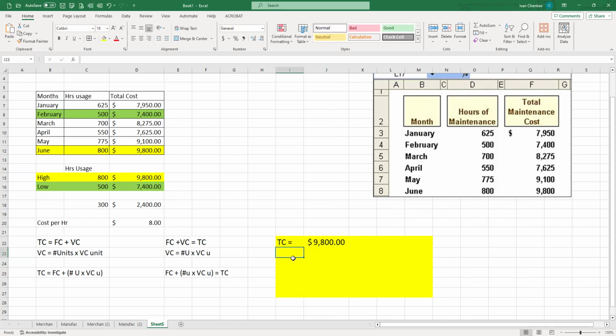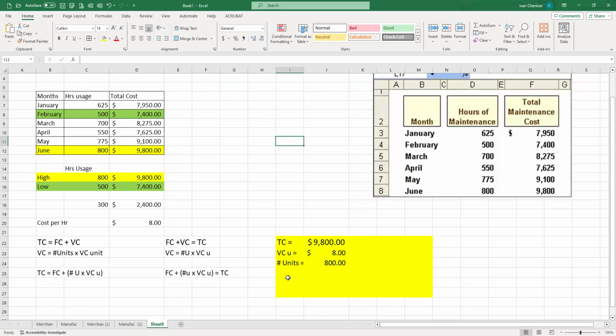I already know that my variable cost per unit is equal to $8. We already calculated that. Make sense? What else do I know? My usage, number of units, or number of hours in this case, at the highest point is 800, correct? Are you with me, people? Yeah.